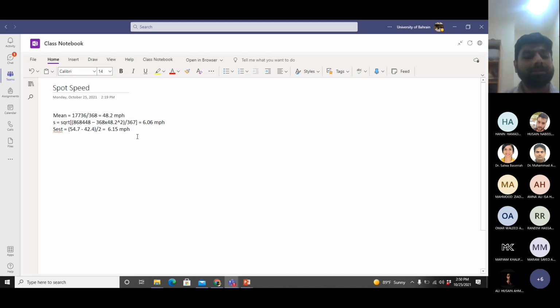Okay, now standard deviation, percentage of vehicles in pace, and the range of 85th and 15th percentile values. For any of these values, a higher value means more dispersion. So more standard deviation means more dispersion in the data.